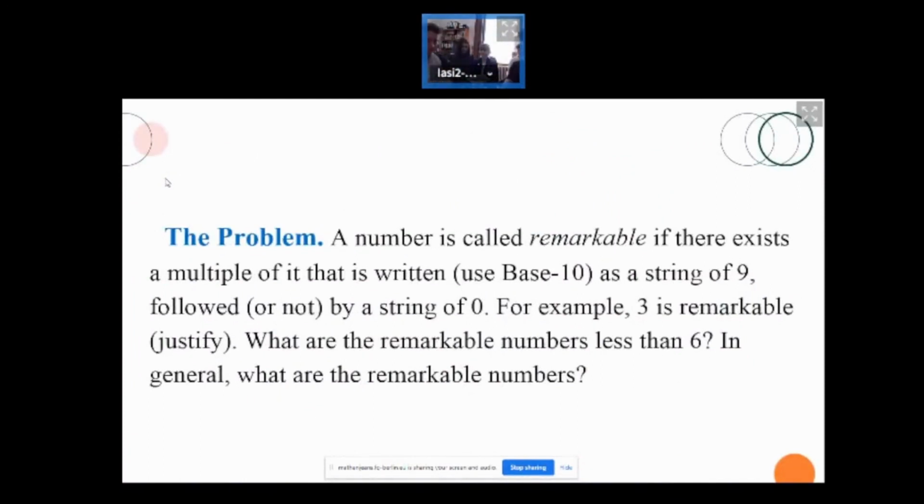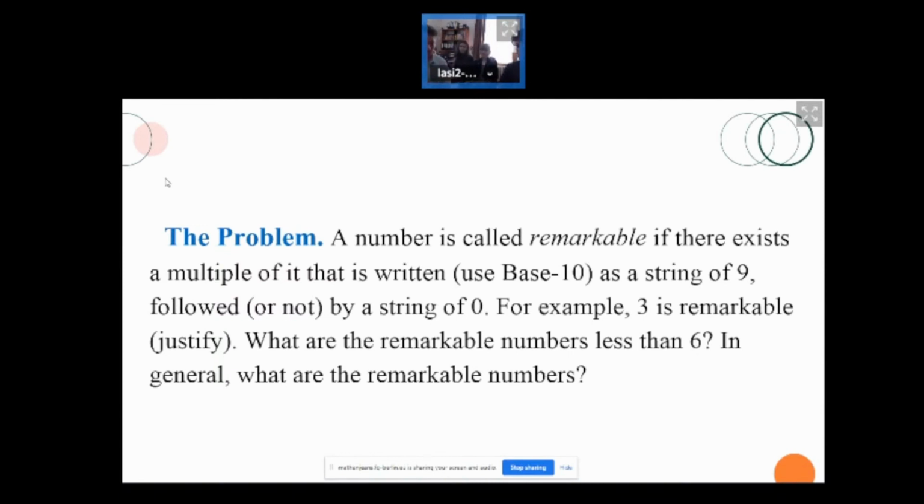A number is called remarkable if there exists a multiple of it that is written in base 10 as a string of the digit 9, followed or not by a string of the digit 0. For example, we had to answer if the number 3 is a remarkable number, and to justify why it is or isn't.